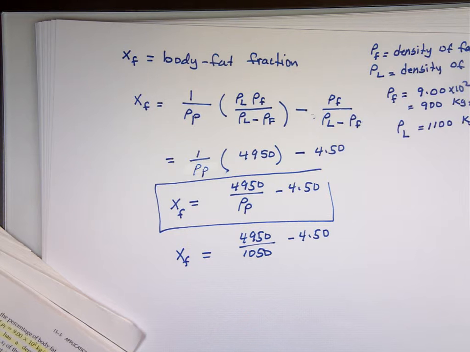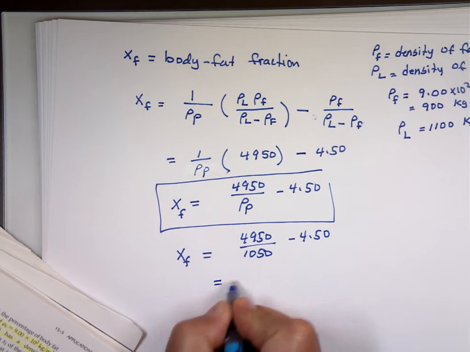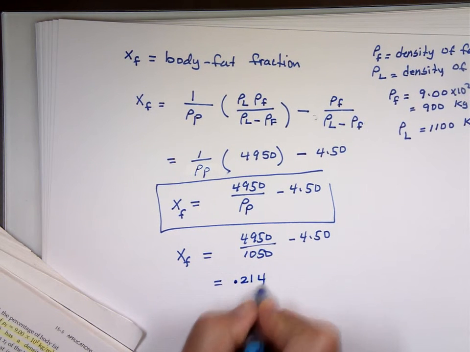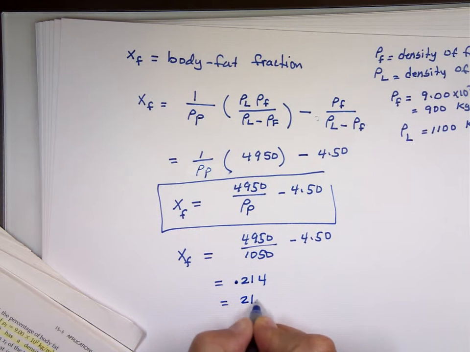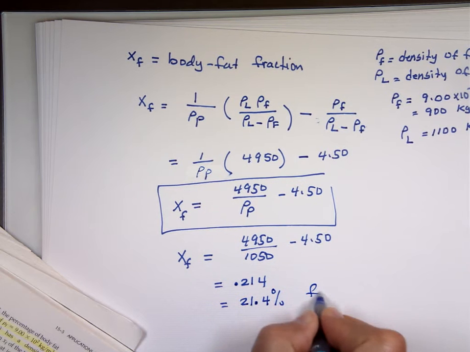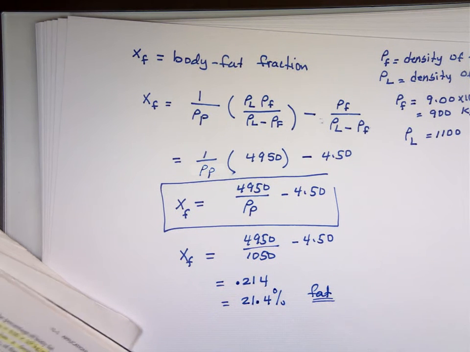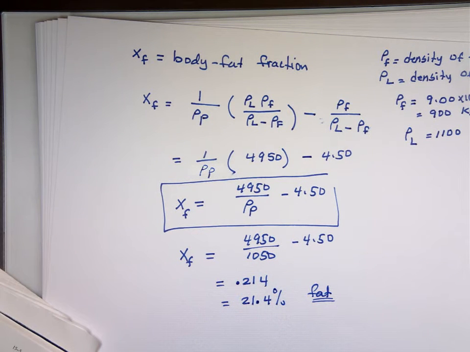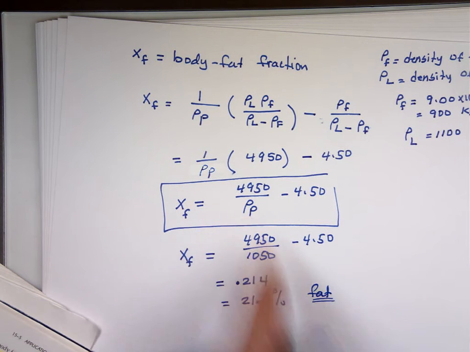I came up with 0.214, which means percent body fat is 21.4%. So once we know what rho for the person is, we plug it into this one, and we have that number.